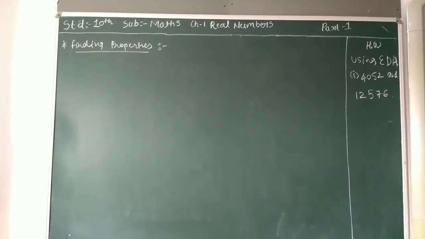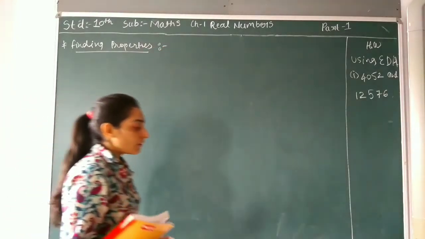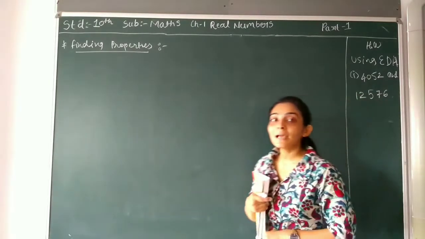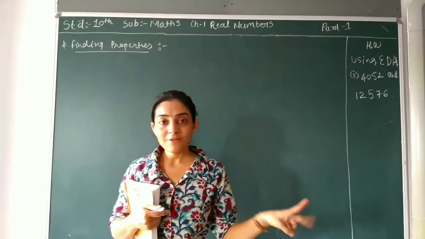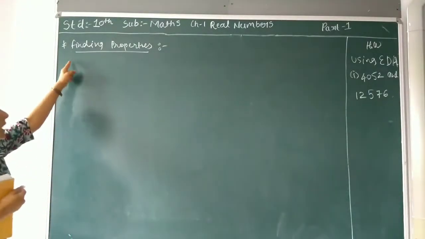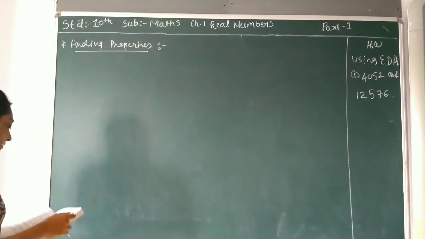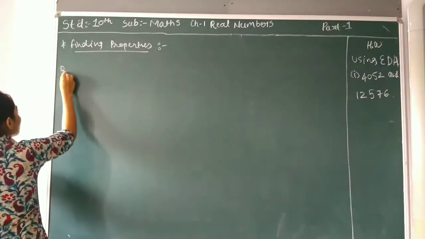In Euclid division lemma, we are going to learn two things. First, using that lemma we find the HCF, and second, finding the properties. Now let's take one example question.